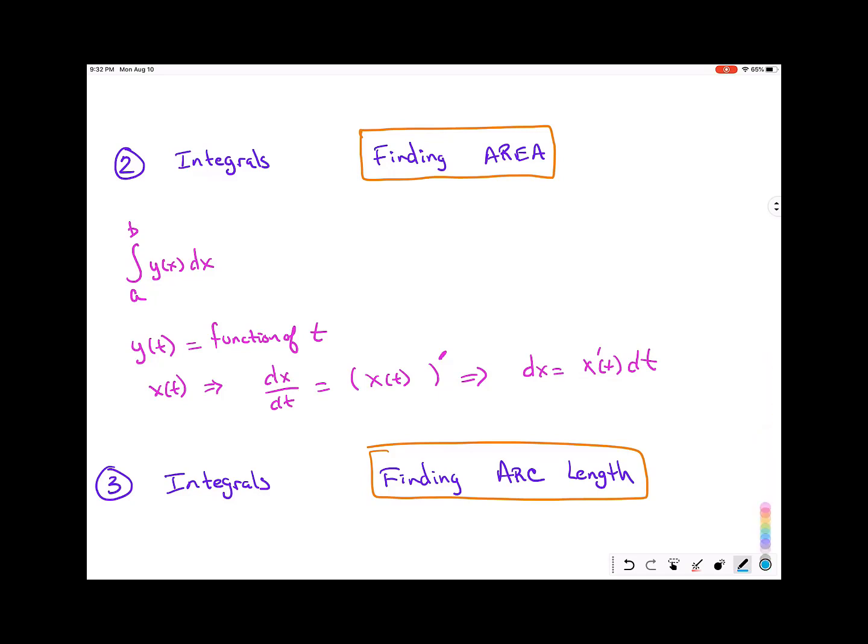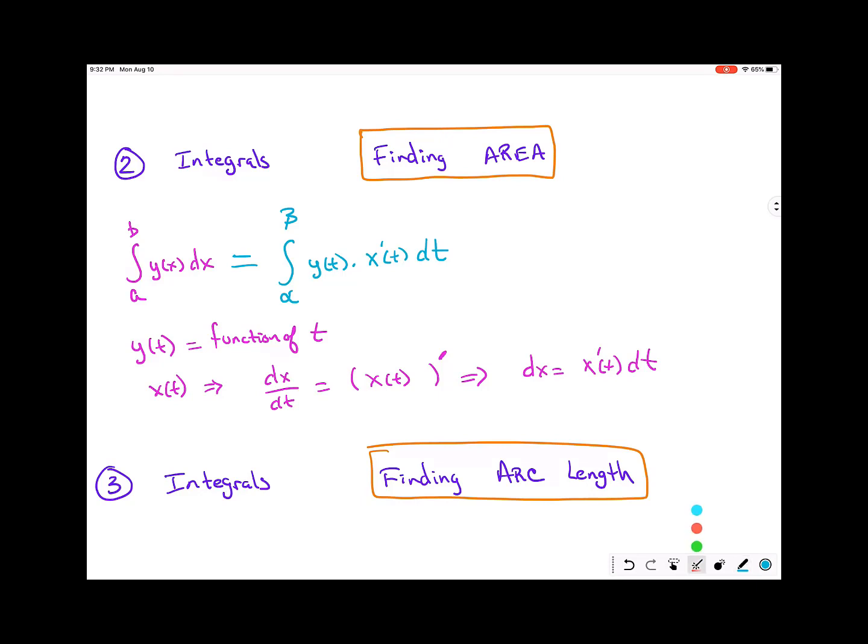So the integral from a to b of y of x dx is equal to an integral over a new range, often from alpha to beta based on the parameter, of y of t times the derivative of x with respect to t, dt.